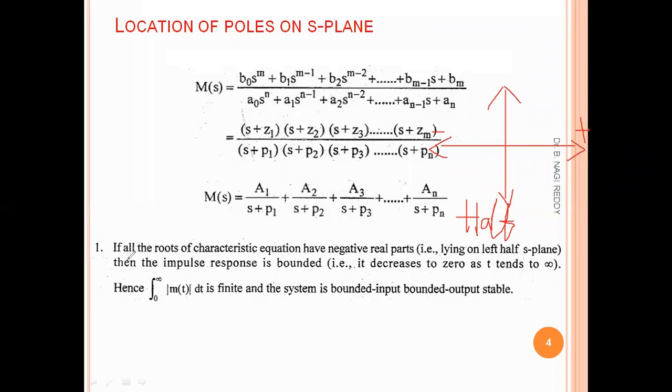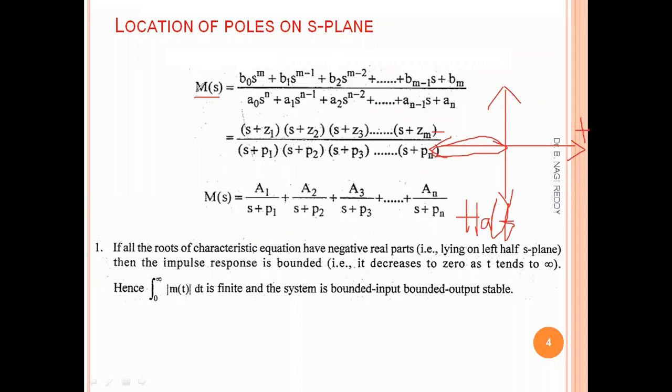The condition here is if all the roots of the characteristic equation have negative real parts, that means lying on the left half of the S plane, on this part, then the impulse response is bounded. Don't mind what the impulse response is: M(S) or its Laplace inverse.